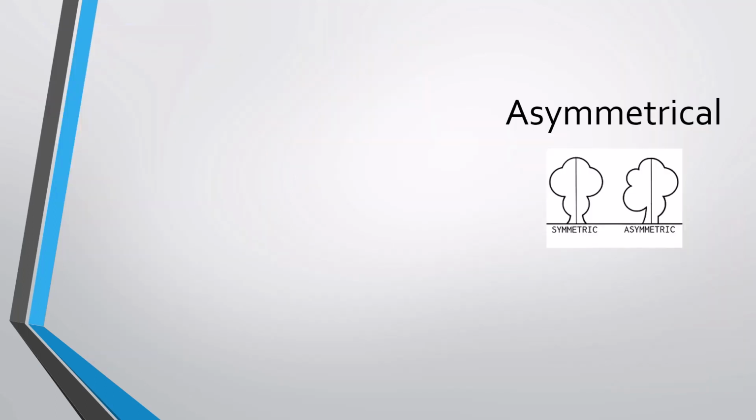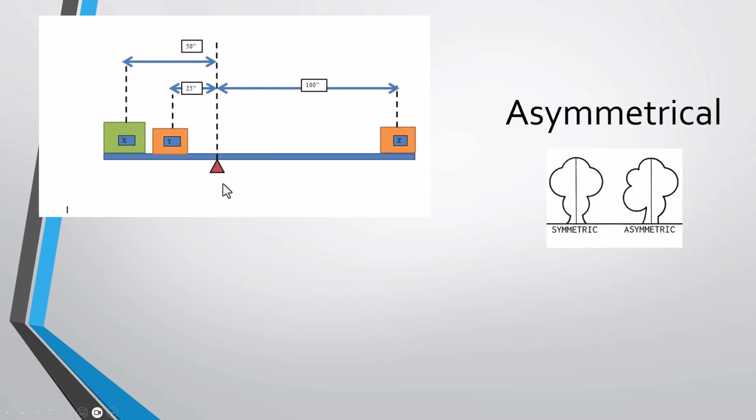But remember, symmetrical, you fold down the middle and it's going to be the same on either side. Asymmetrical balance can be a little more interesting because you can play with the fulcrum, but I specifically asked for a symmetrical design. If you were asked to redo it, please redo and resubmit.